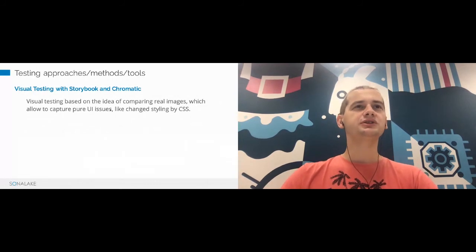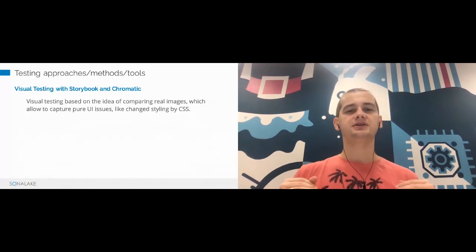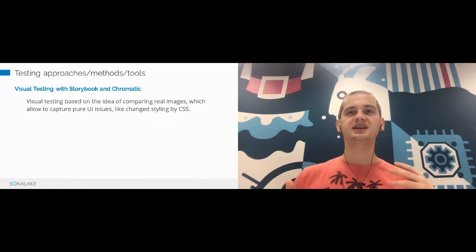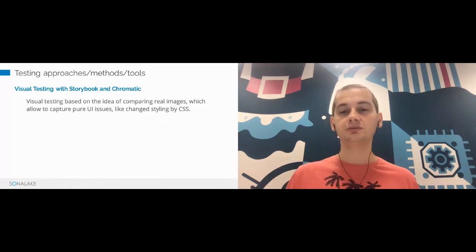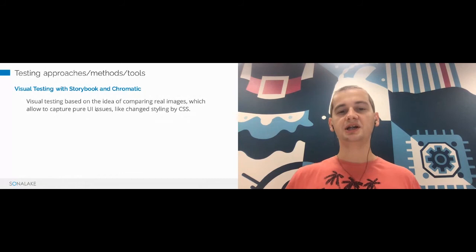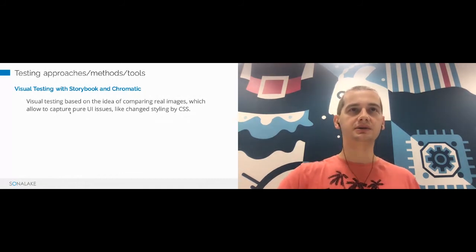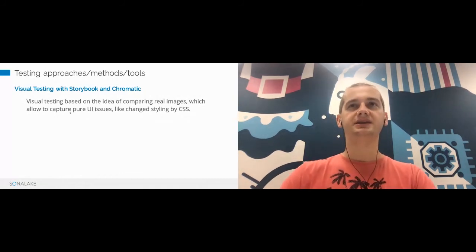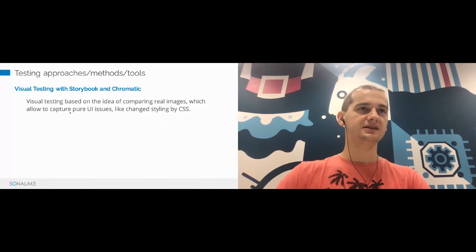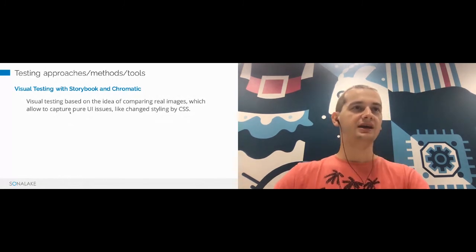And the idea is that visual testing allows you to find UI issues like changed styling or something like this, for example, a red border right now, a yellow border before. And before, nothing would help you to do this. However, right now, we can do this. So let's first fix this.